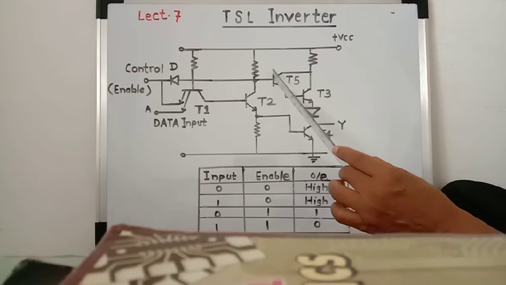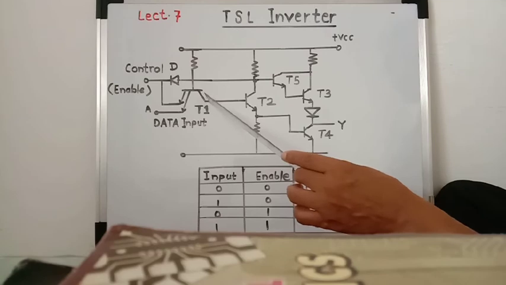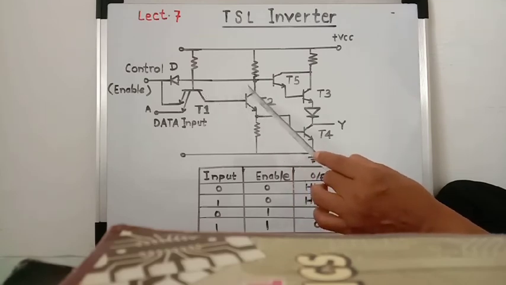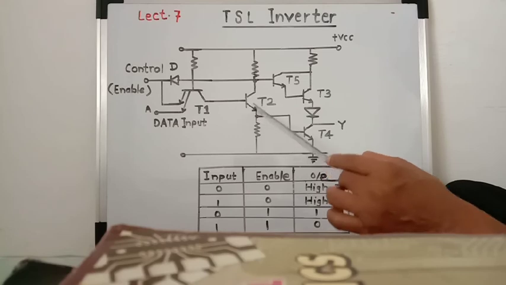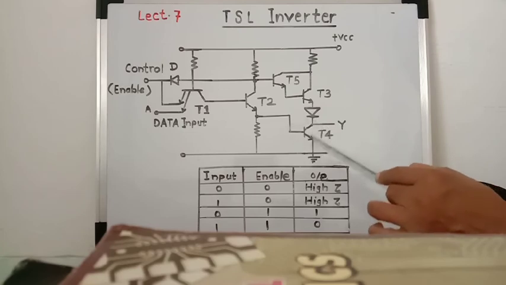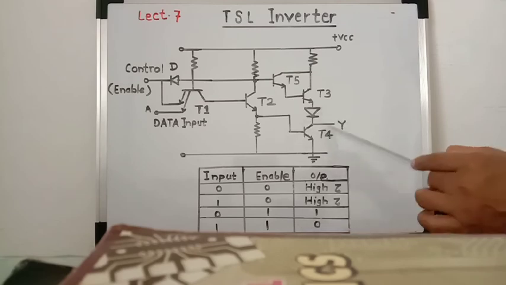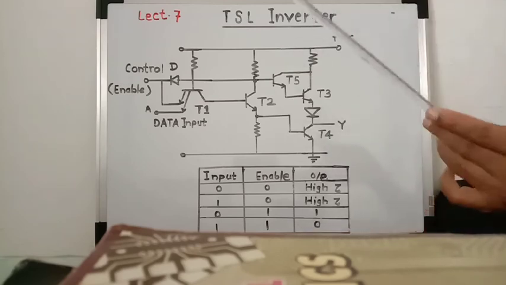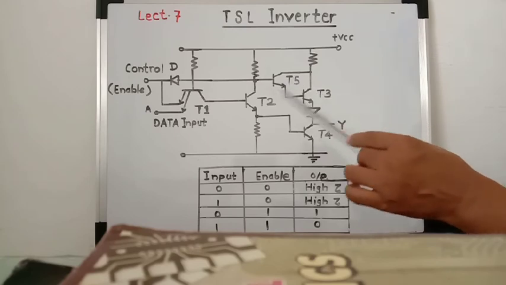Since T2 is turned on, voltage develops across RE, and therefore transistor T4 is turned on. Since T4 is turned on, its collector goes low, and therefore Y is equal to 0. Transistor T3 is cut off because transistor T5 is cut off.